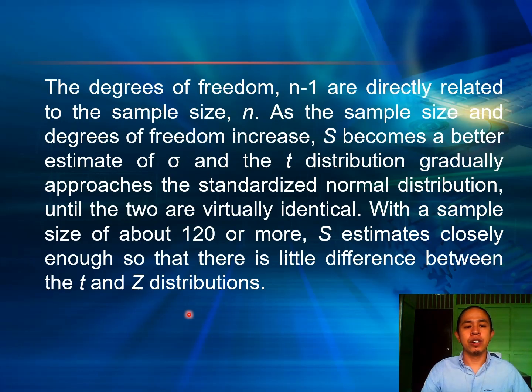Okay. So the degrees of freedom n minus 1 are directly related to the sample size n. As the sample size and degrees of freedom increase, S becomes a better estimate of the population standard deviation, and the t distribution gradually approaches the standardized normal distribution. The more we increase the number of samples, the better, until the two are virtually identical.